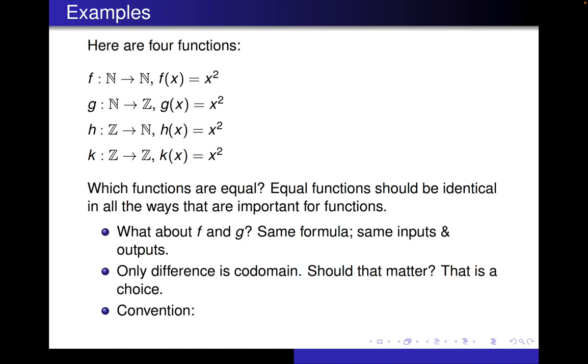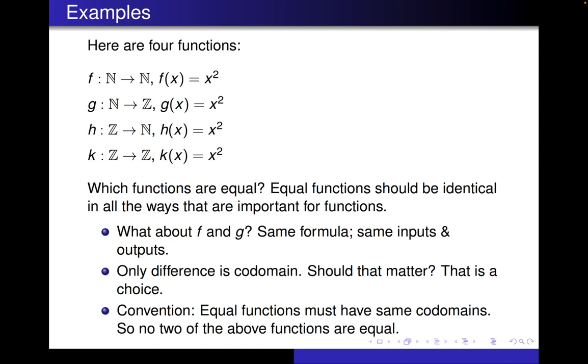All right, so the convention we are going to use is that equal functions must have the same codomains, which means that no two of the above functions are equal. Even though they all have the same formula, some of them have the exact same inputs and outputs. However, none of them have both the same inputs and outputs at the same time.